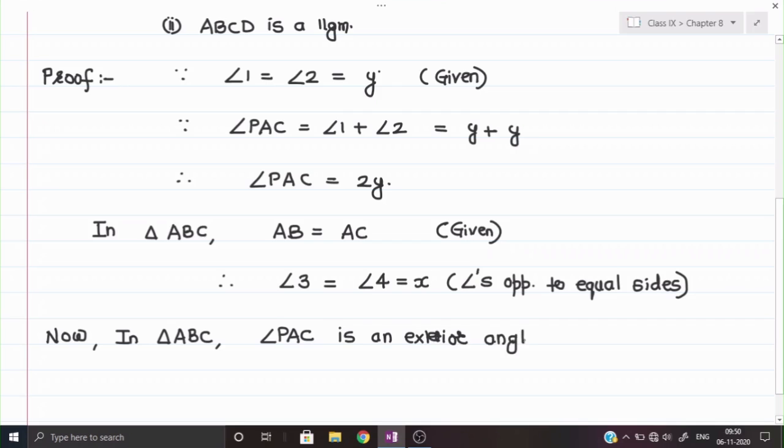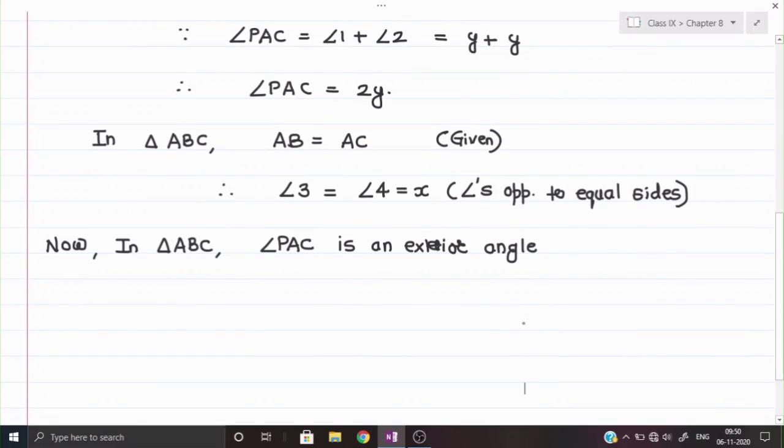Therefore we can say that angle PAC will be equal to angle 3 plus angle 4.